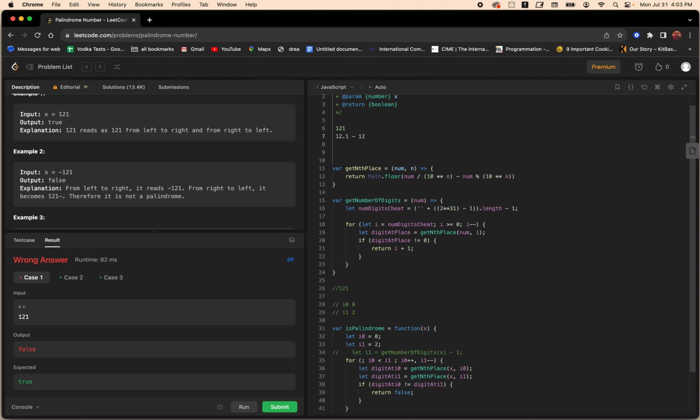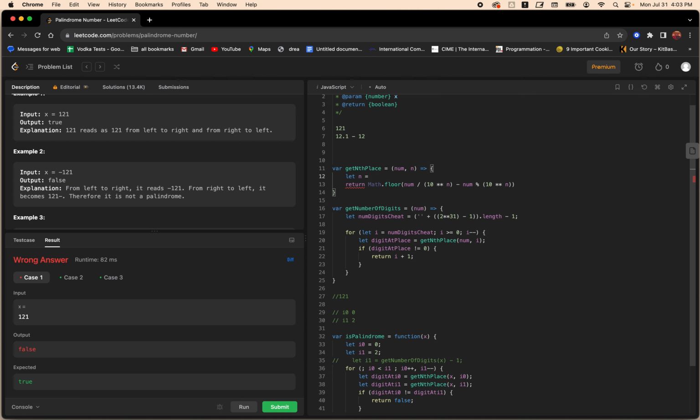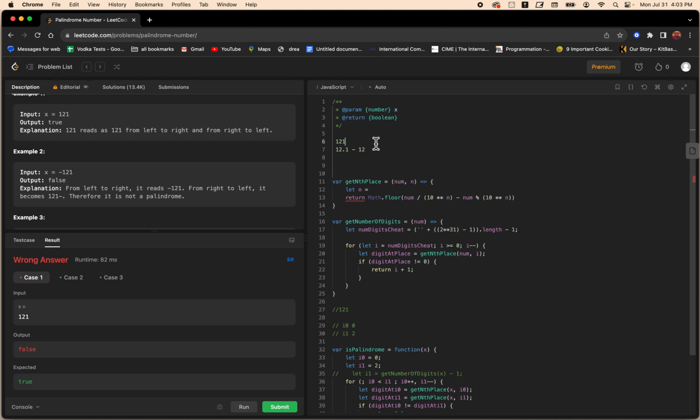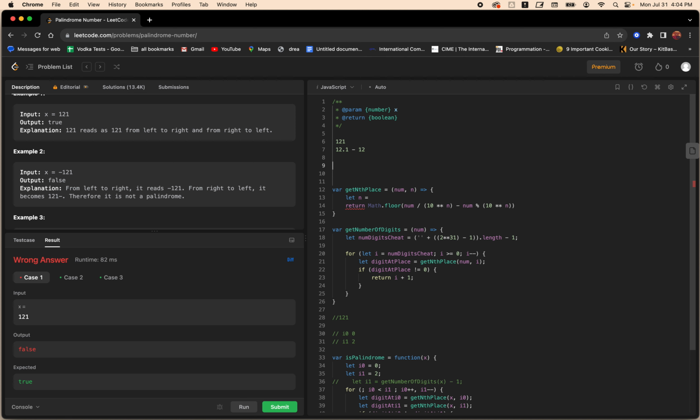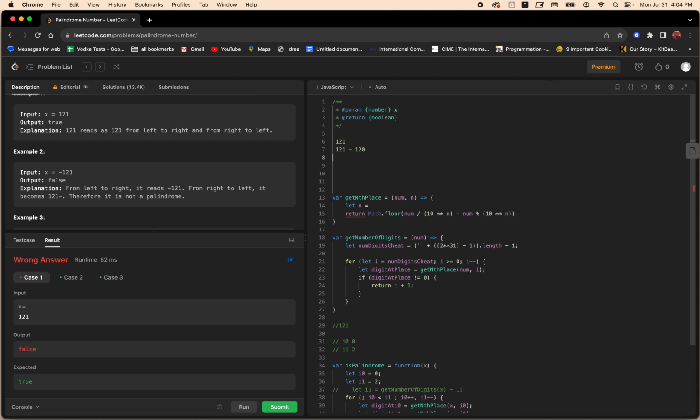Let n equals... Oh, God. So my brain doesn't work. 121 minus 120 equals 1.